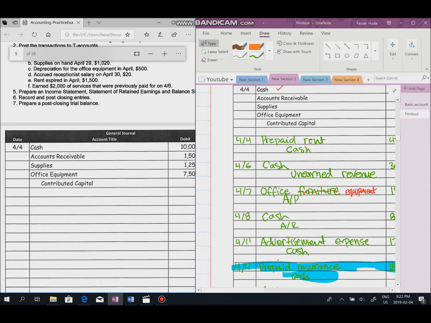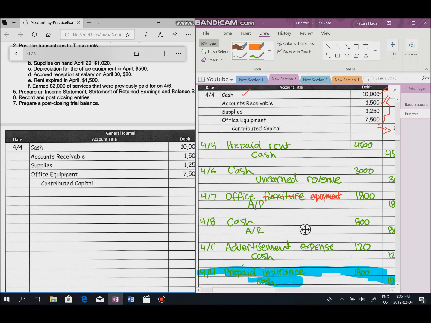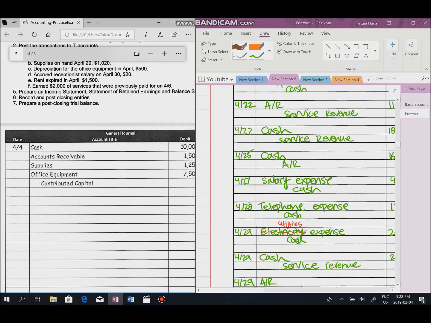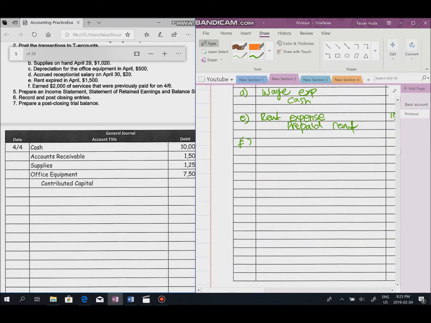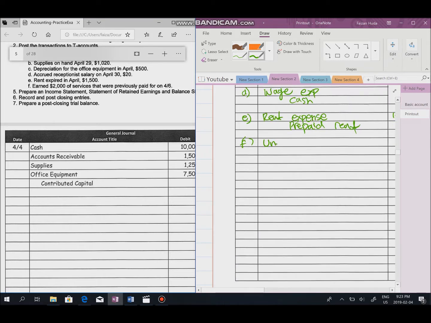It says unearned revenue; now I have performed the service, so I have earned this revenue. Since I have earned this revenue, unearned revenue will be debit now, and service revenue will be credit. Again, I'm using short form just for time's sake.